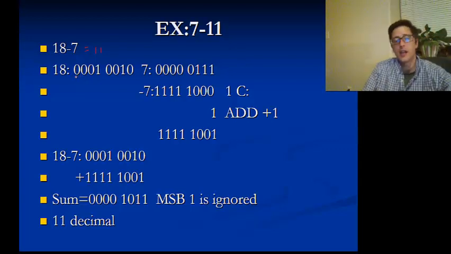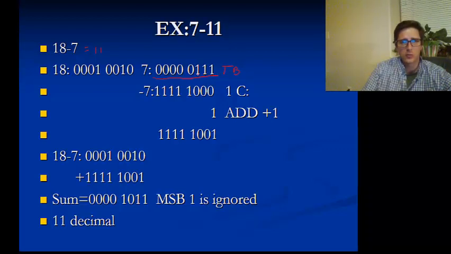So to make a negative number in 2's complement, we really have to do the 1's complement, add 1, and then we should be good. So here we go. We have 7 right here, and this is our true binary. We know this is 7 because this is 1 plus 2 plus 4. So 4 plus 2 is 6 plus 1 is 7.